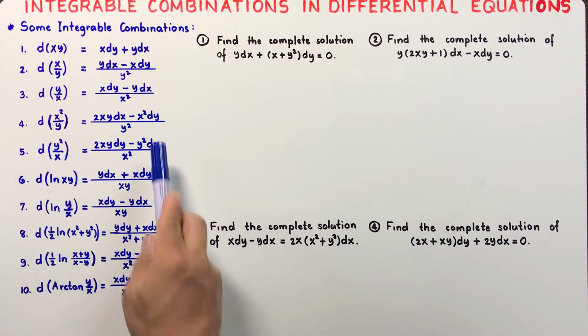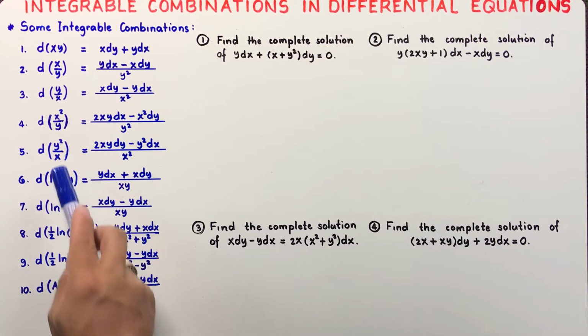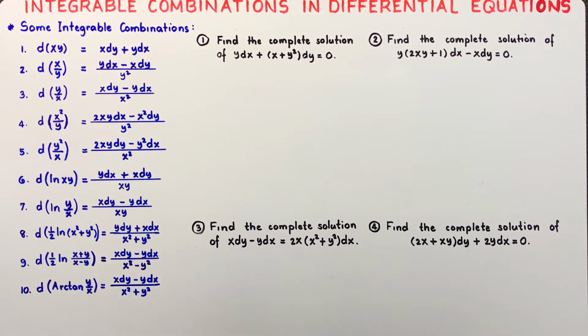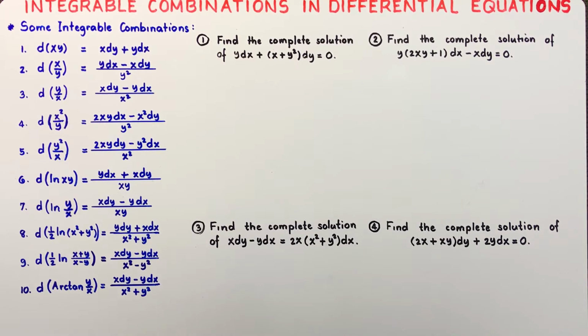And we have number 5, which is almost the same as number 4, only that we have y squared in the numerator but x in the denominator. Finding its derivative implicitly is equal to 2xy dy minus y squared dx divided by x squared.